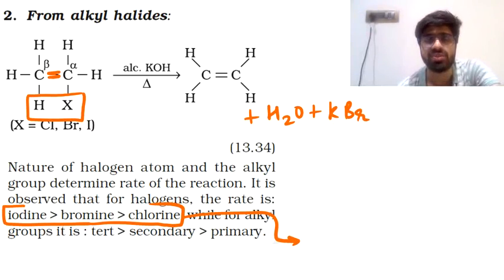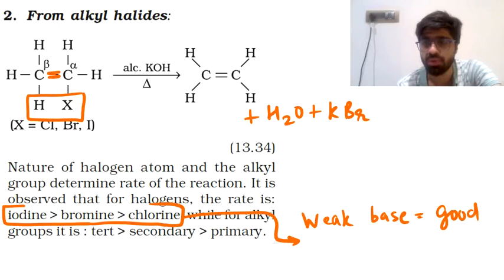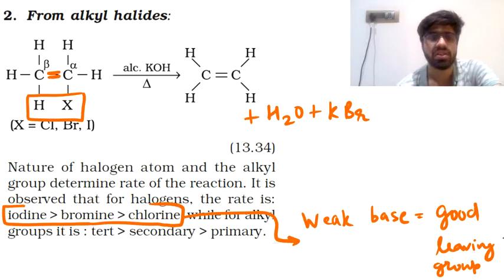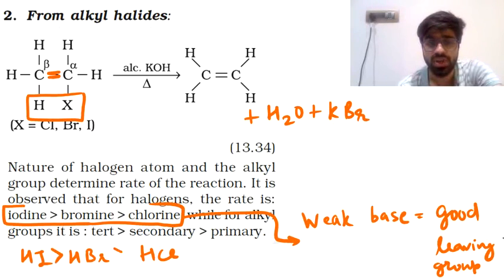But there's yet another explanation which says that a weaker base is a good leaving group. A weak base is a good leaving group. So is I minus really a weak base? See, when you talk of HI, HBr and HCl, it so happens that HI will be the strongest acid, HBr will be weaker, and HCl will be the weakest.